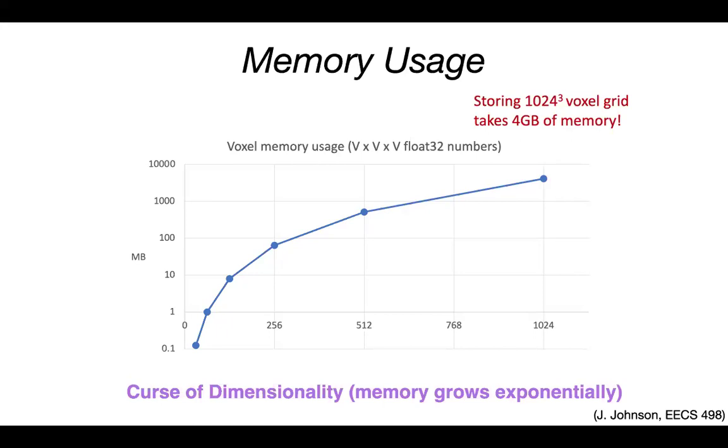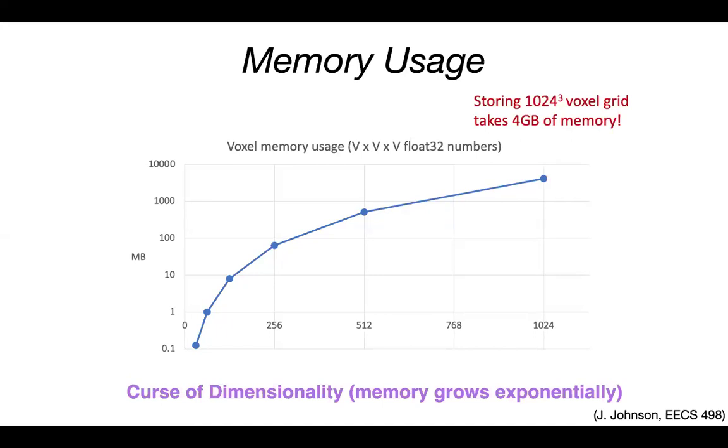To store a voxel grid that would be 1,000 cubed takes 4 gigabytes of memory just to store the grid. We're not considering the network and everything. And you see that it goes exponentially because this is a log scale, right? And so we have to deal with these 3 issues.